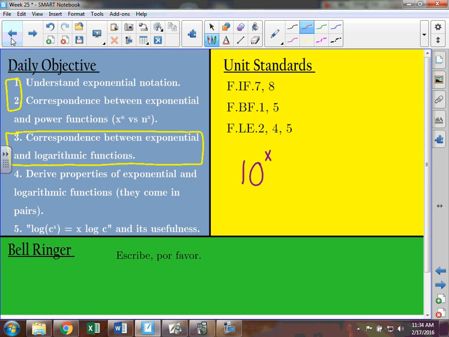Exponential tends to emphasize using the exponent to get the answer, logarithmic tends to emphasize the exponent is the answer. Since they work in opposite directions, those are inverses of each other. And just like you were able to use adding and subtracting to cancel, multiplying, dividing to cancel, squares and square roots cancel, exponents and logarithms will cancel each other out if you set them up correctly.